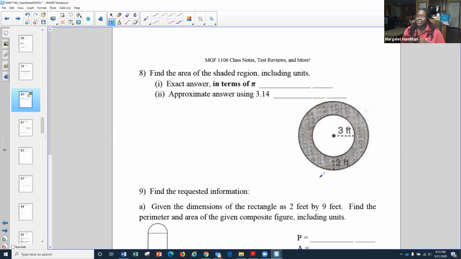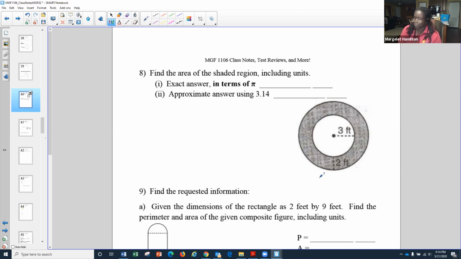We'll have that. But if we only wanted to find the area of the shaded part, then we would take the area of the big circle and subtract the area that we found of the inner circle. And whatever is left has to be that shaded part. Makes sense, right? I think so.